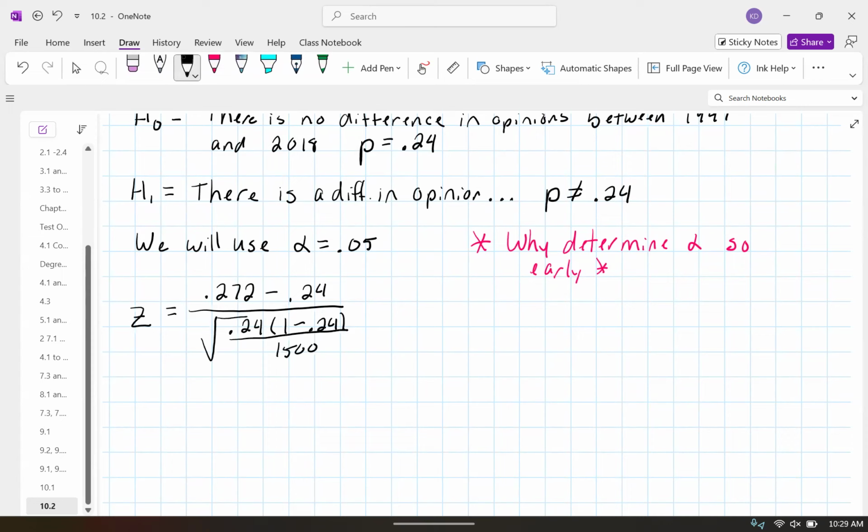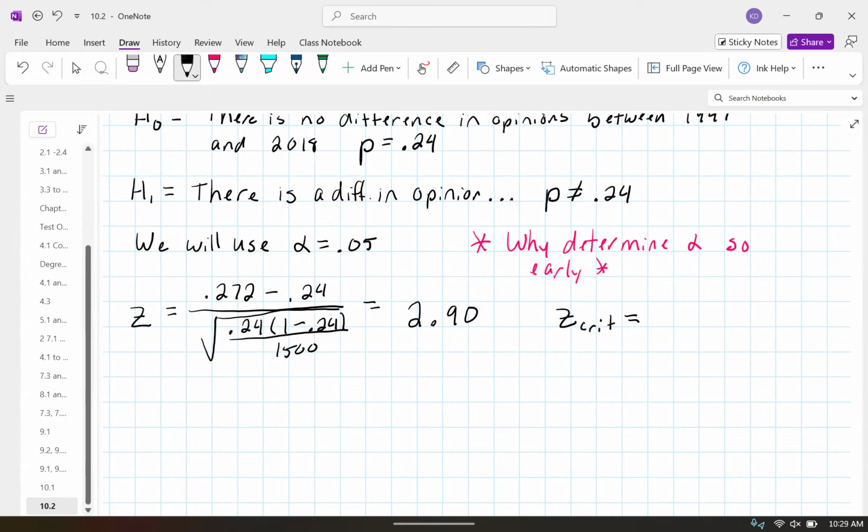That's our current sample. All right, I'm going to skip some steps and just go straight to, so I know we can plug that in and do our thing. So we get our Z value, 2.9.